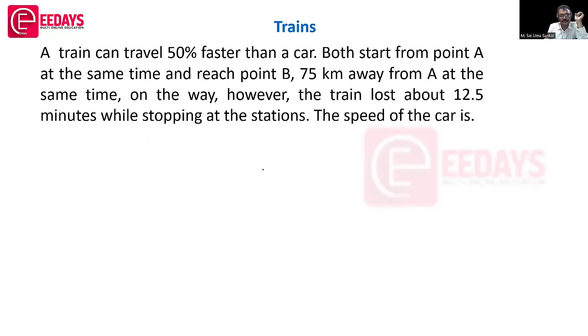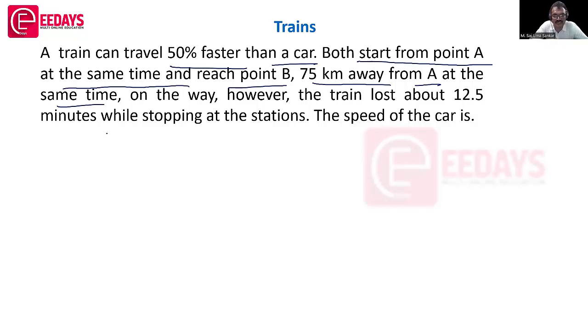Next question. A train can travel 50% faster than a car. Both start from point A at the same time and reach point B, 75 kilometers away from A, at the same time. On the way, however, the train lost about 12.5 minutes while stopping at the stations.